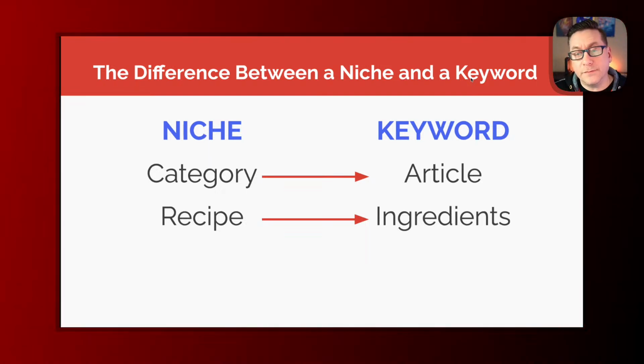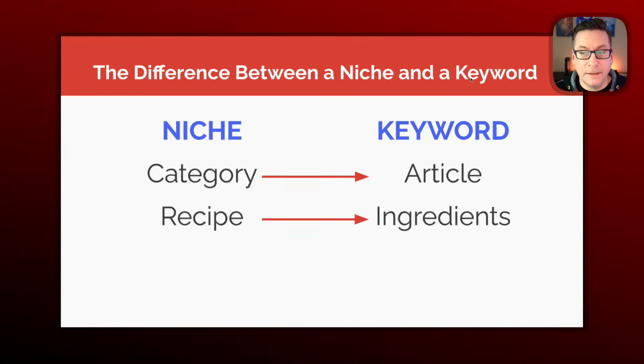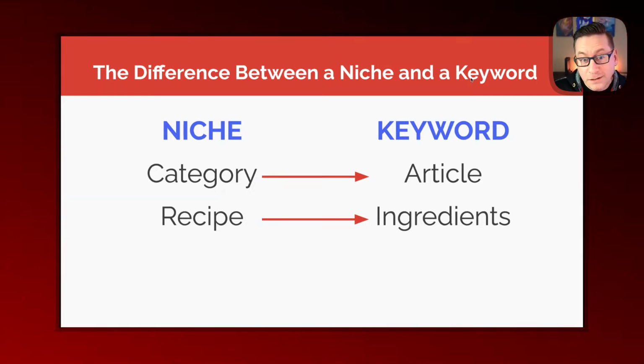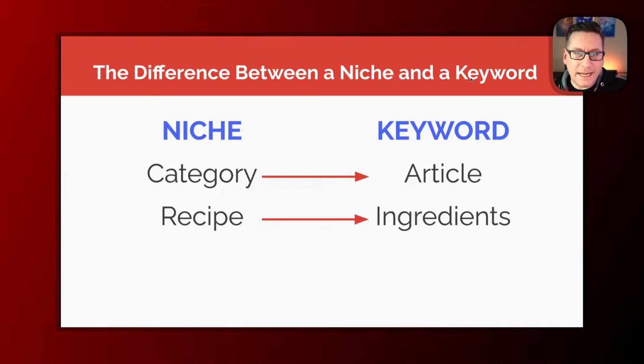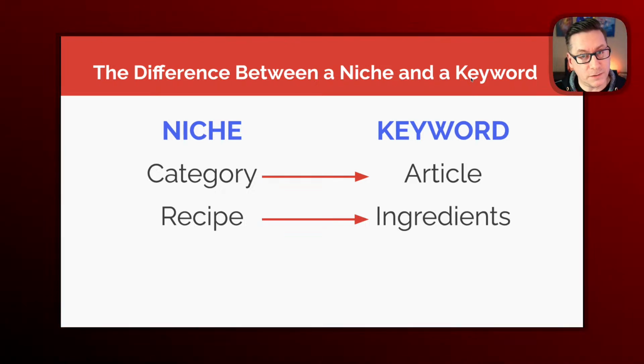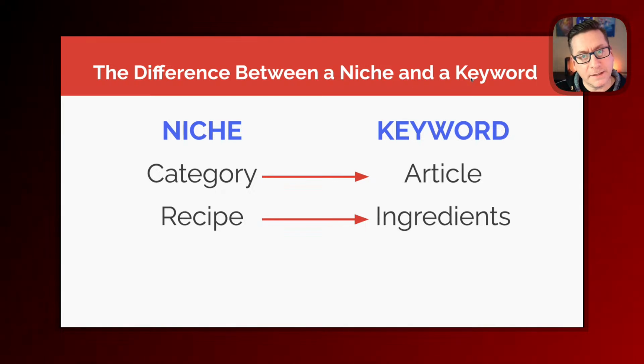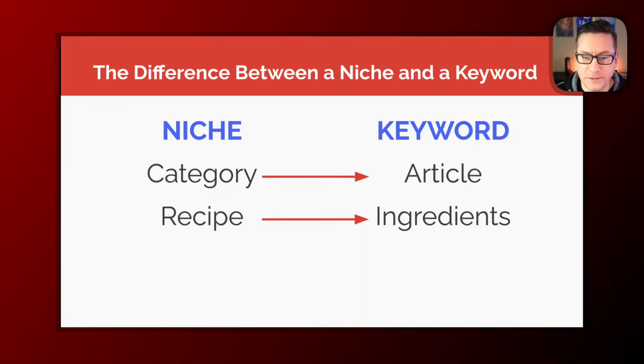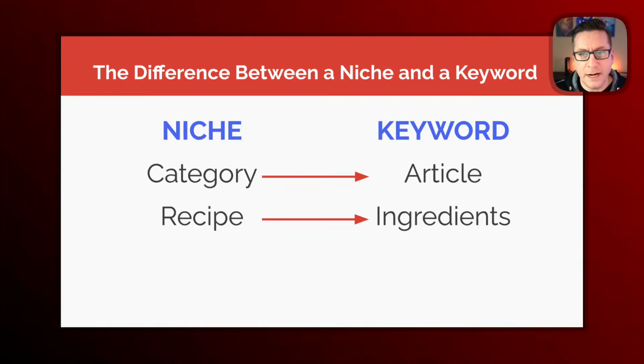Or we can go even further and say that the niche would be the recipe book, and then the keyword would be a specific recipe in the cookbook. Okay. So that is the main difference between a niche and a keyword.